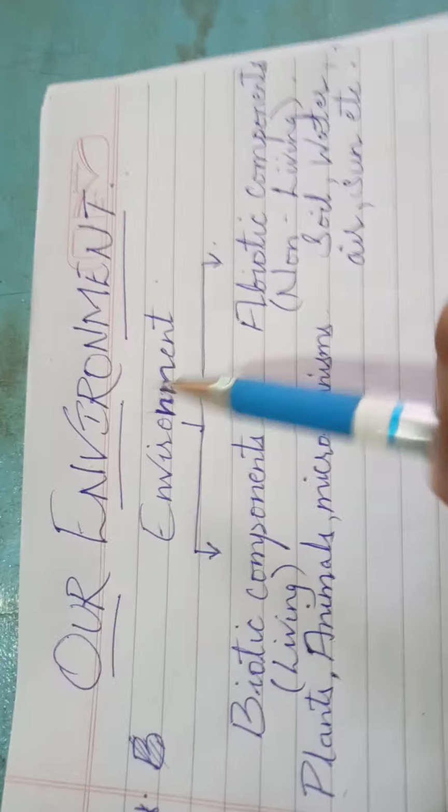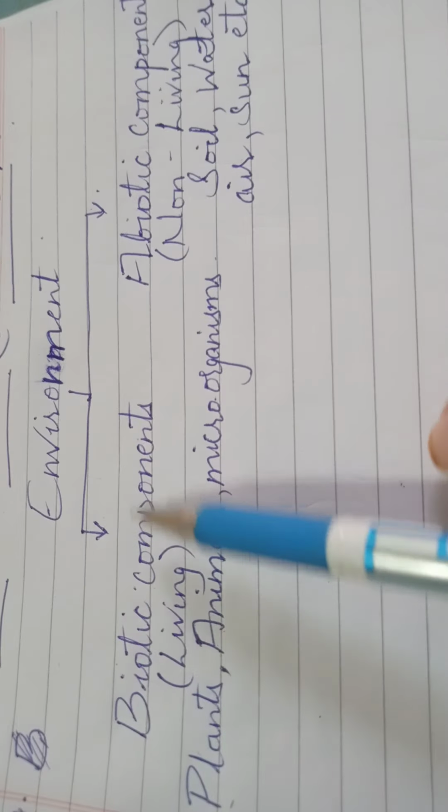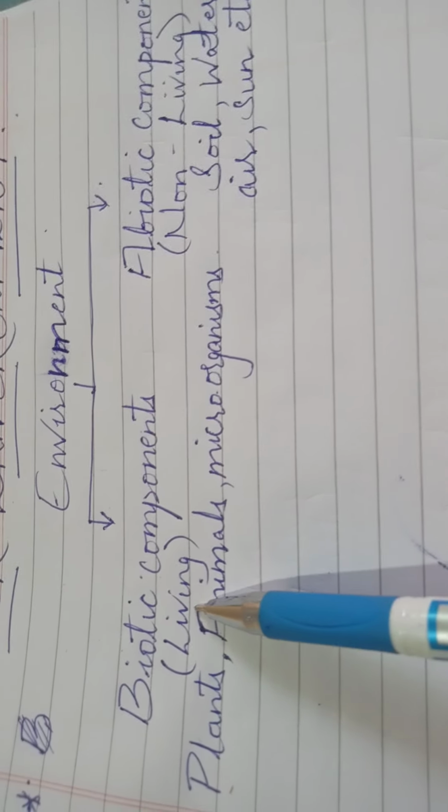So here it is. Our environment, that means our surroundings, the area around us, the things that are present around us, has been classified into two categories mainly: biotic and abiotic components. What are biotic components and what are abiotic components? Biotic components are those which are living.